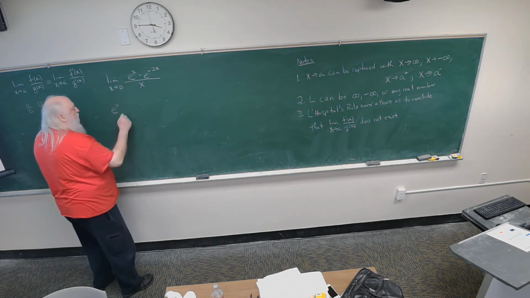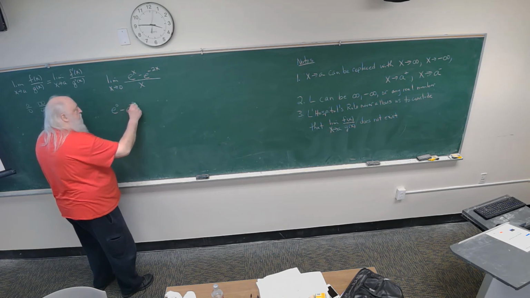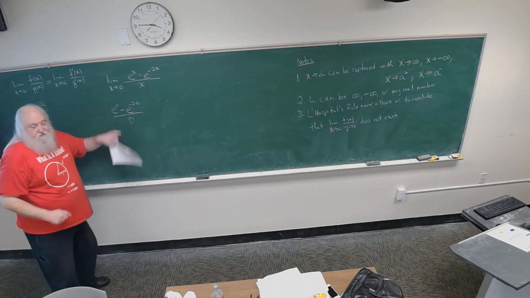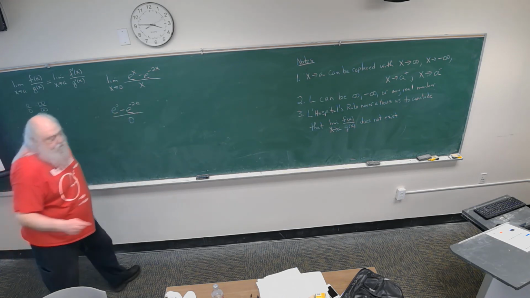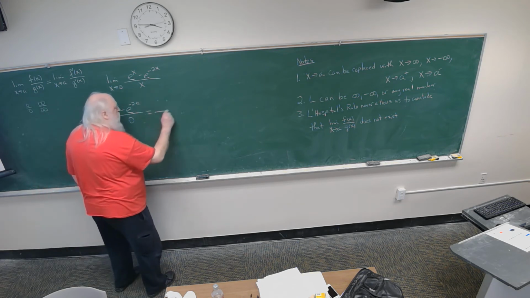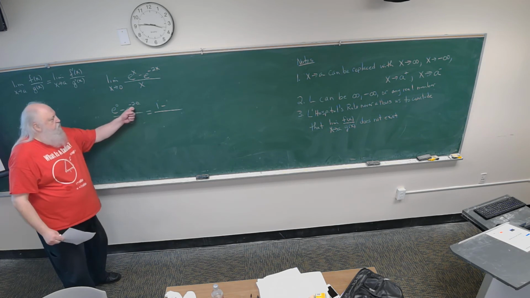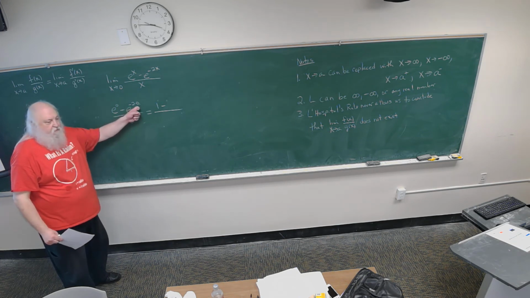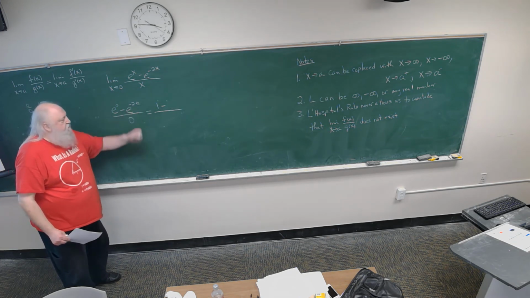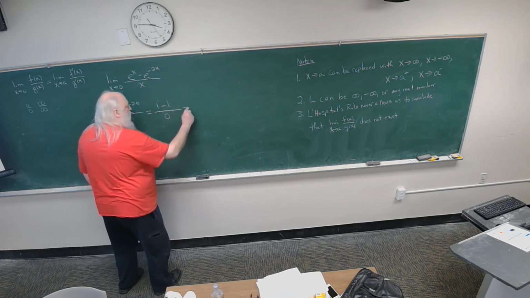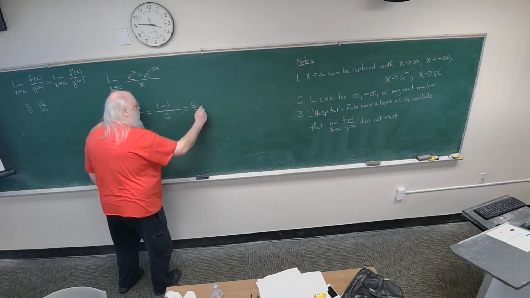We have e to the 0 minus e to the minus 2 times 0, over 0. Well, e to the 0 is 1, and then we have e to the minus 2 times 0; minus 2 times 0 is 0. So we have minus e to the 0, which is minus 1. And so now we have 0 over 0.